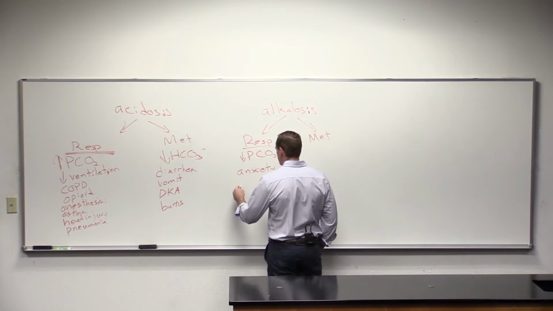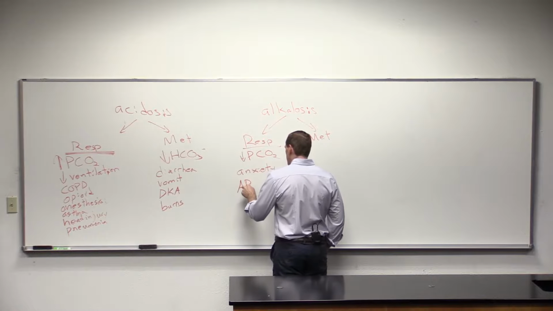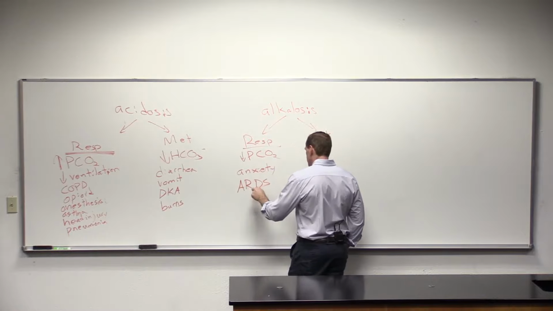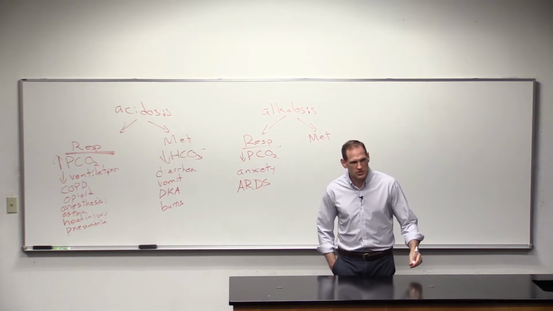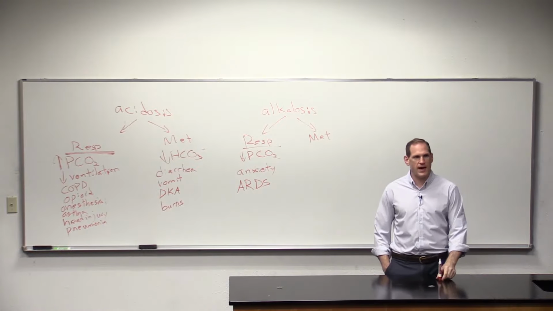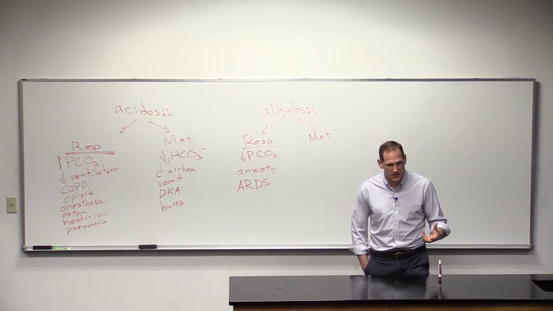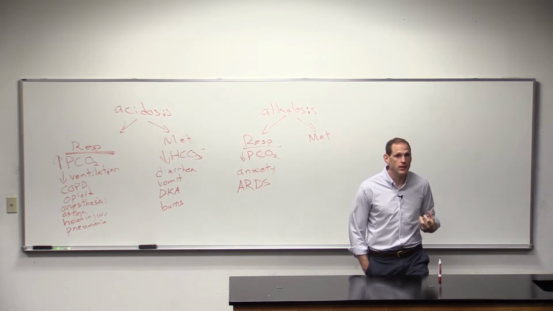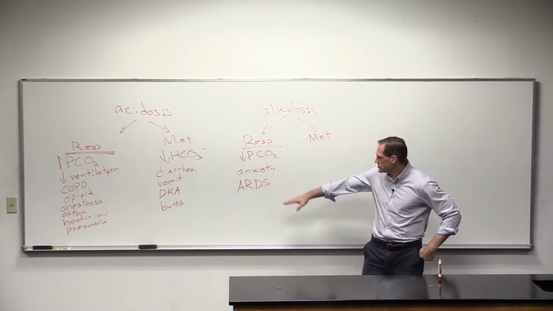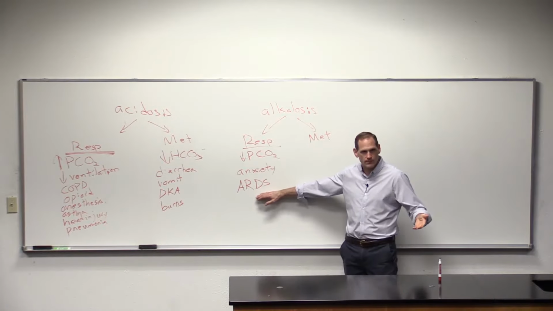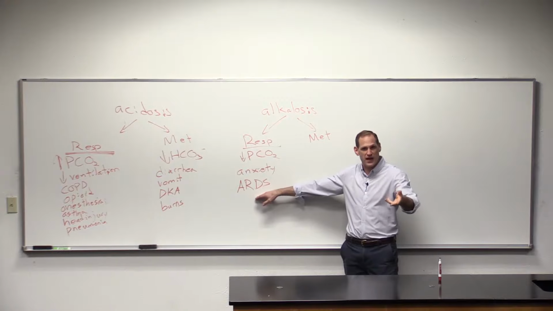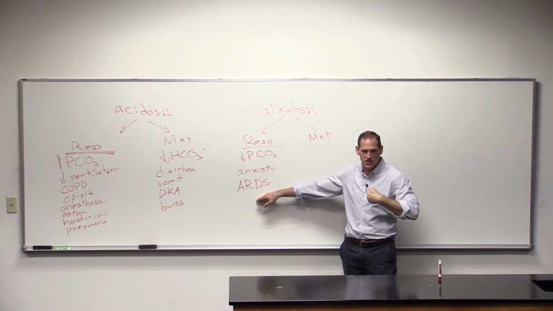ARDS. We'll learn about ARDS soon, but it's acute respiratory distress syndrome. In this syndrome, you have low oxygen levels because there's a problem in the lung that doesn't allow you to get the oxygen in. Because of the low oxygen level, you breathe more. The carbon dioxide can get out just fine, you just can't bring the oxygen in.